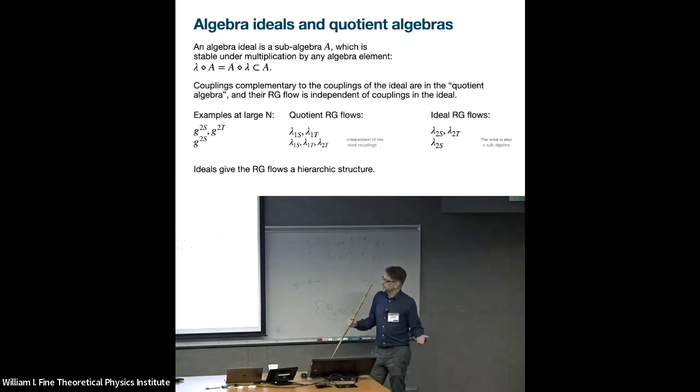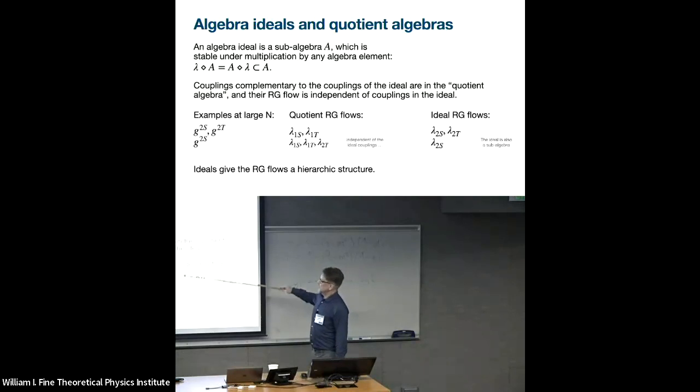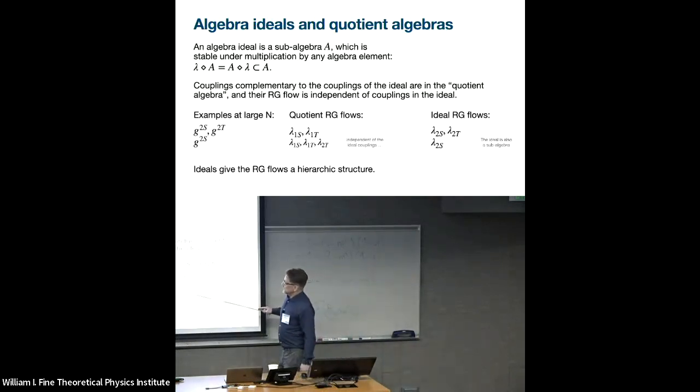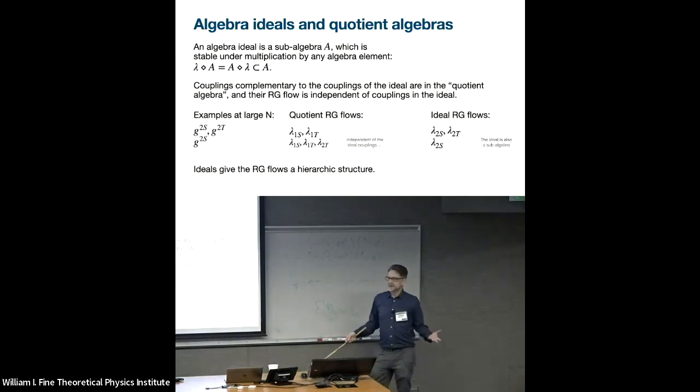If you do that, you can also define a quotient algebra, and because it's an ideal, you will find that those RG flows in the quotients will be independent of the couplings that are in the ideals.